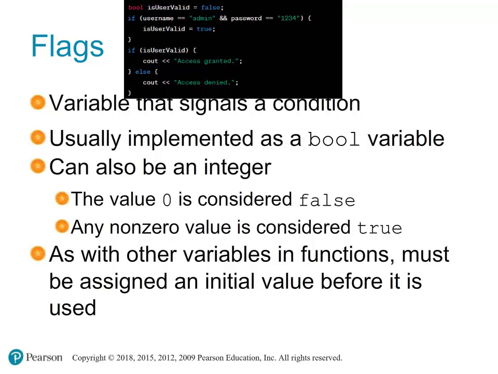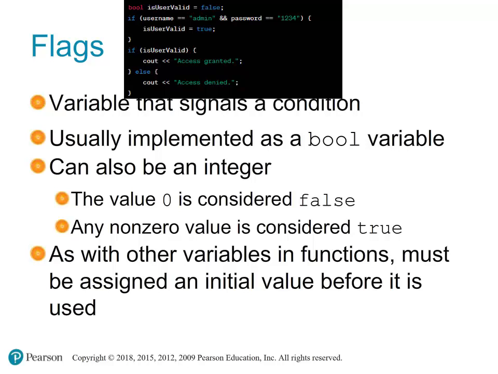So when using an integer as a flag, the value 0 is considered false, and any non-zero value is considered true. Like any other variable, a flag variable must be initialized before it is used to avoid undefined behavior.